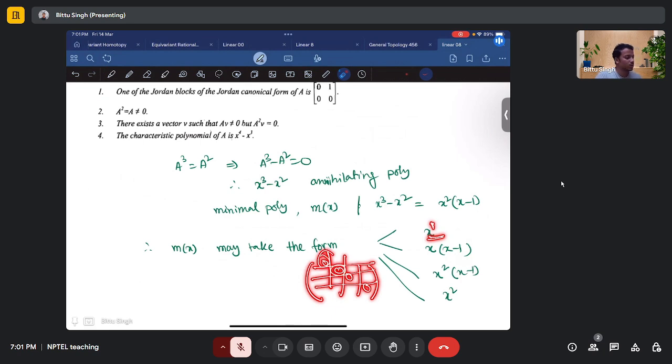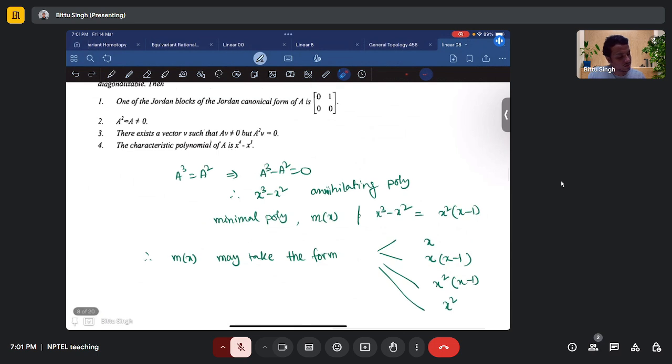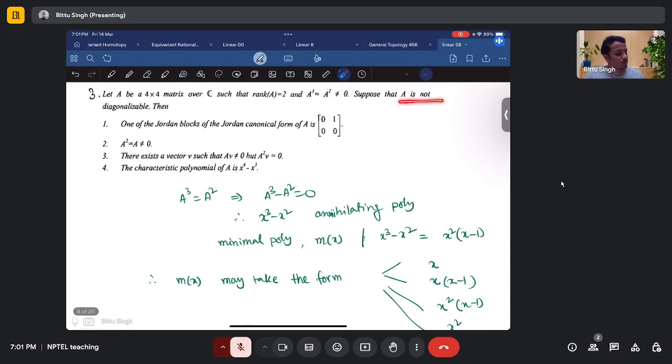Those are one-size Jordan blocks. So this is not possible because it is already given A is not diagonalizable. So this is not true.